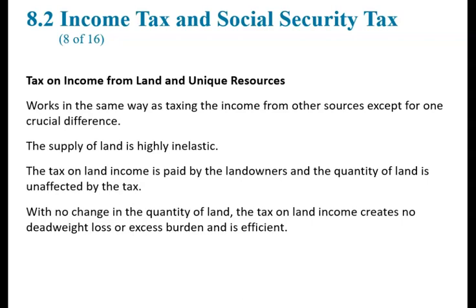So you can imagine what will happen in the case of a tax in this market, because the tax on land income is paid by the landowners and the quantity of land pretty much remains unaffected by the tax, which means that the total burden of the tax falls on the landowners.